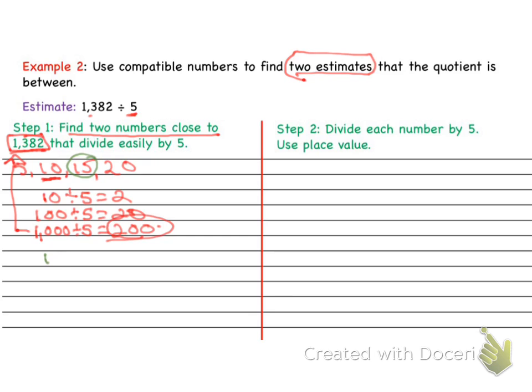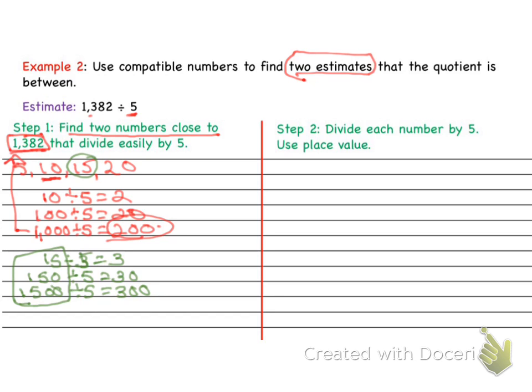I know that 15 divided by 5 equals 3. So that must mean 150 divided by 5 would equal 30. I'm just adding the extra 0 on, which means 1,500 divided by 5 equals 300. You've got to remember what we've learned so far about division and multiples of 10.